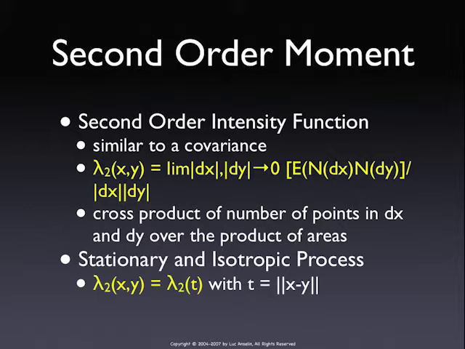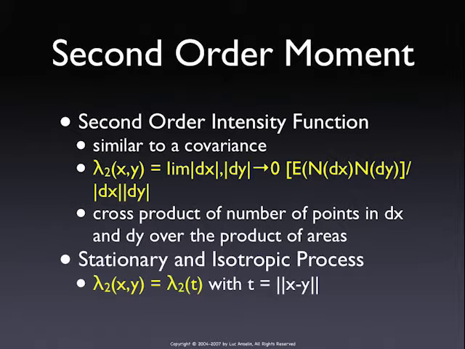What we will be multiplying are 2 areas that in the limit become infinitesimally small, very, very small. So we'll take the number of points in one area, and the number of points in another area, and multiply them by each other and divide by the product of the 2 areas, and we'll make these 2 areas shrink as small as we can make them.